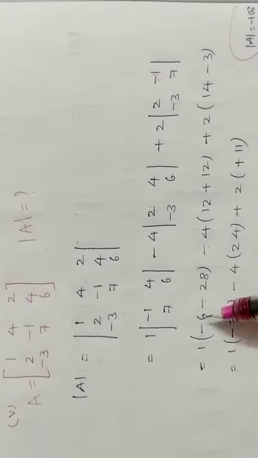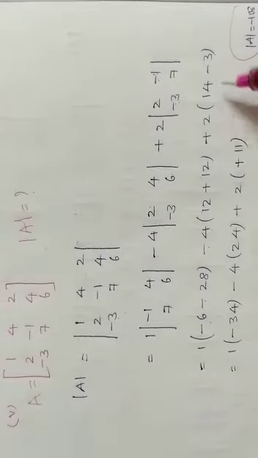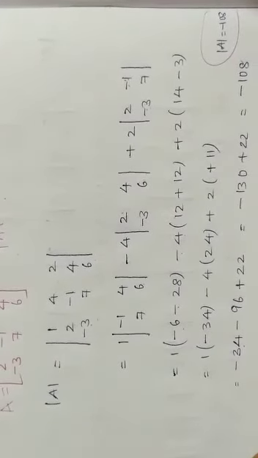1 into minus 34, minus 4 into 24, plus 2 into 14 minus 3, 11. 1 into minus 34, minus 4 into 24 is 96, plus 2 into 11 is 22.